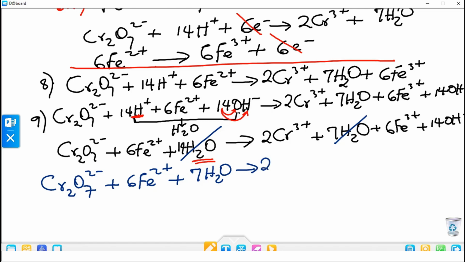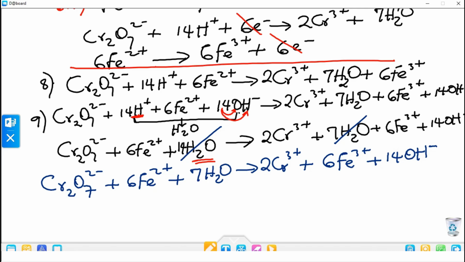Then we have 2Cr3 plus, 7 moles of water has already gone away, and we'll be left with 6Fe3 plus 14 OH minus. And this is the final answer for that equation.